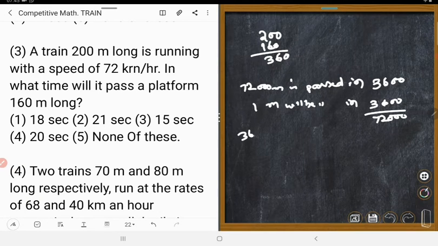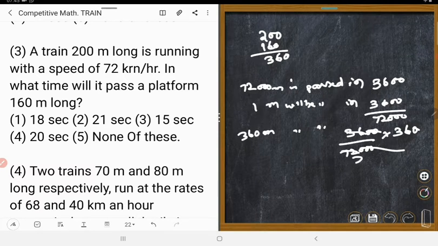Therefore, 360 meter will be passed in 3,600 upon 72,000 into 360. Zeros cancel. 36 to the 2, 18 is equal to 18 seconds.